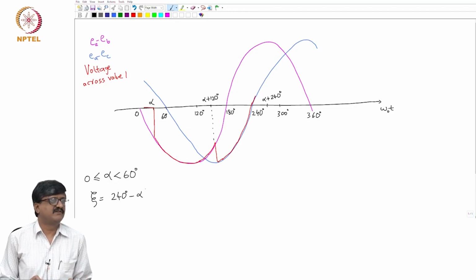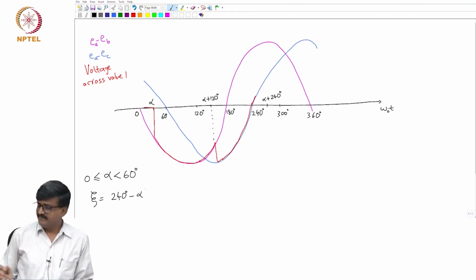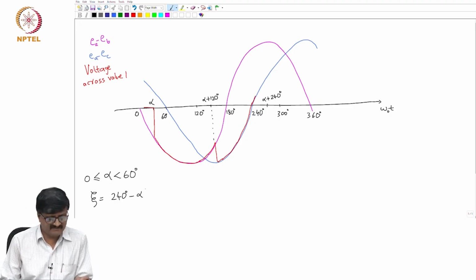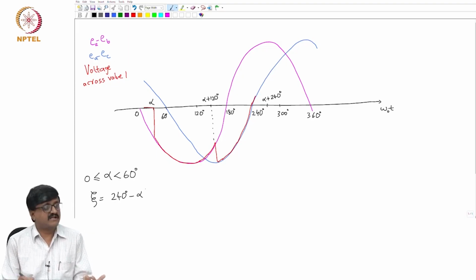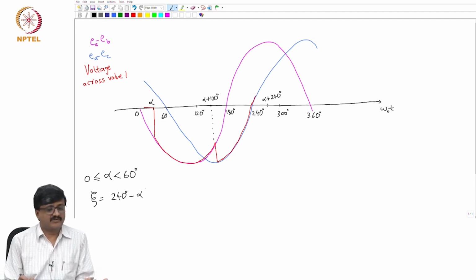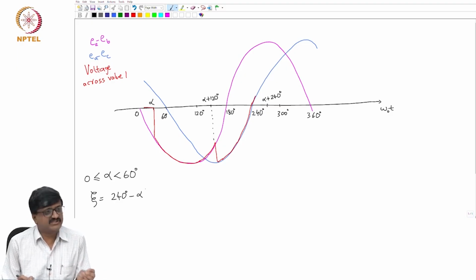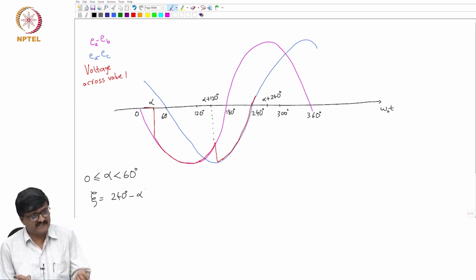Now, the question is which one is more relevant. Whether alpha between 0 and 60 is relevant, or alpha greater than 60 is relevant.